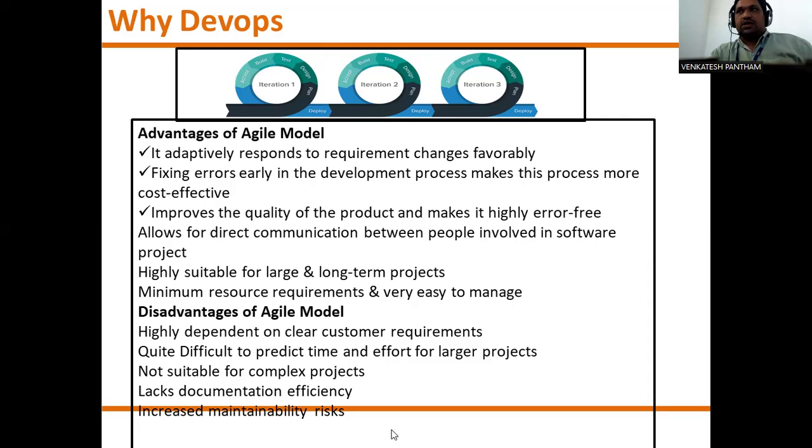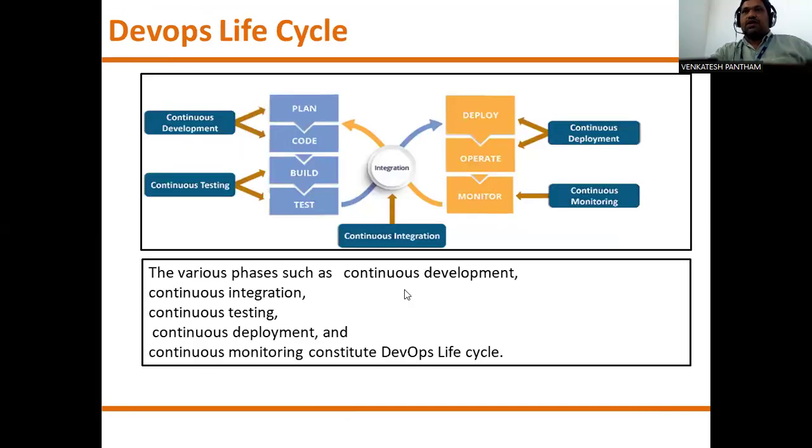These are also some minor mistakes, and so DevOps was newly introduced. It consists of plan, code, build, test, which is the development side, and deploy, operate, monitor, which is the operations side. It involves continuous testing, continuous development, continuous integration, continuous deployment, and continuous monitoring.